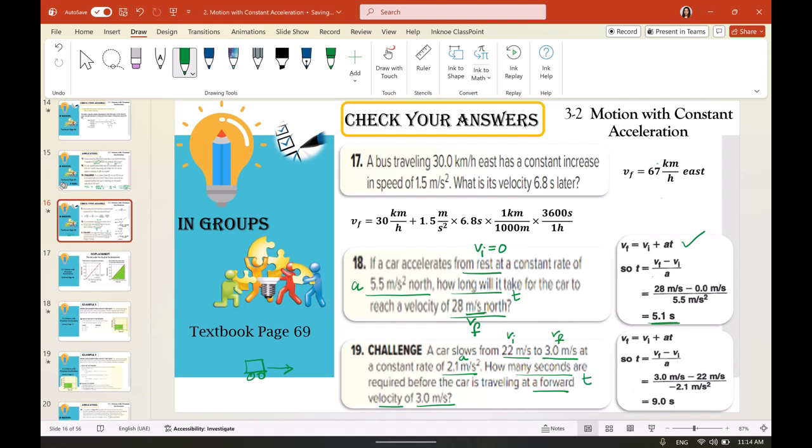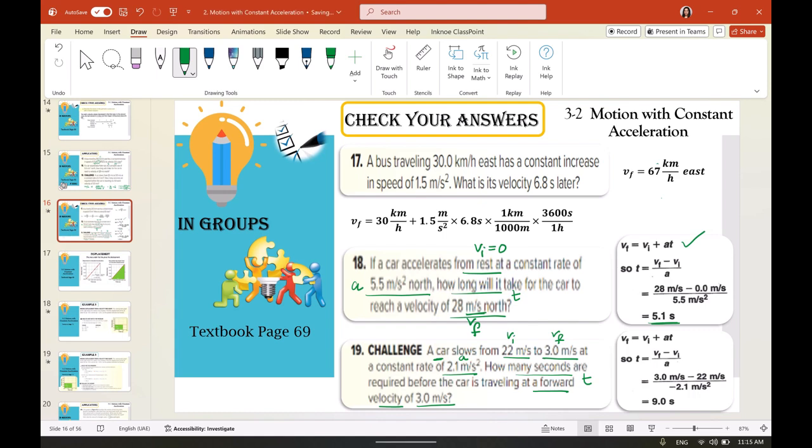So again, the same way you have to do. But remember, in this case, the Vf is 3 and Vi is 22 and it is slowing down. So you have to do minus 2.1 in the equation. It is slowing down, right?